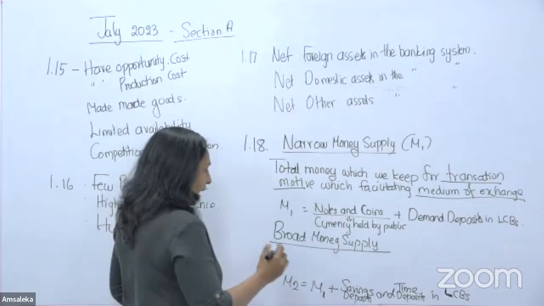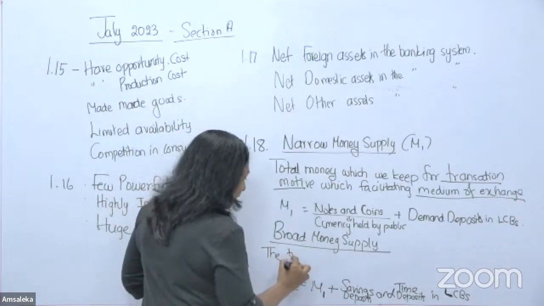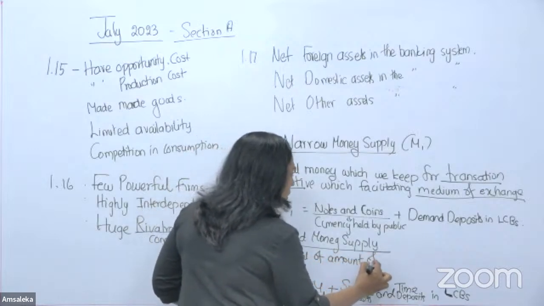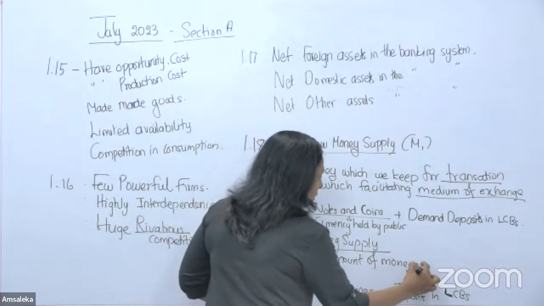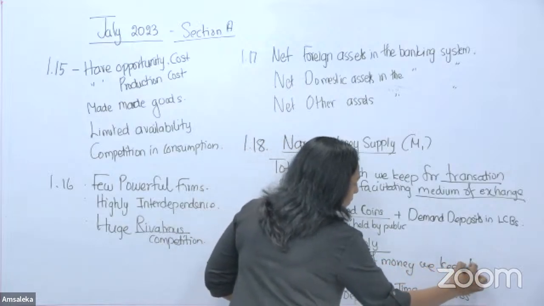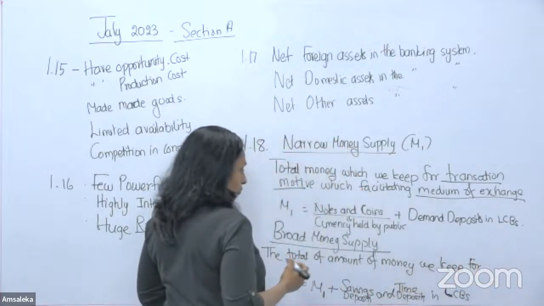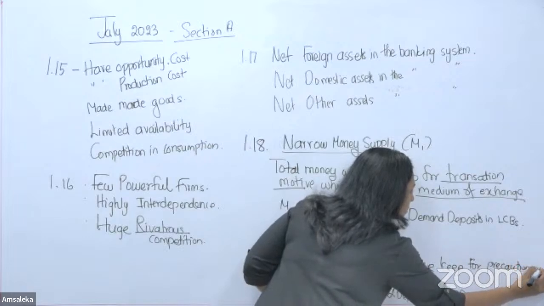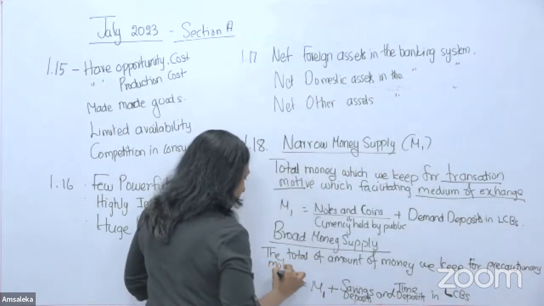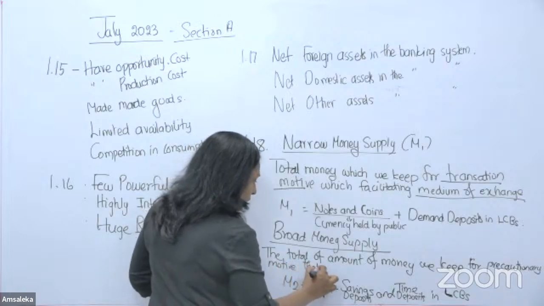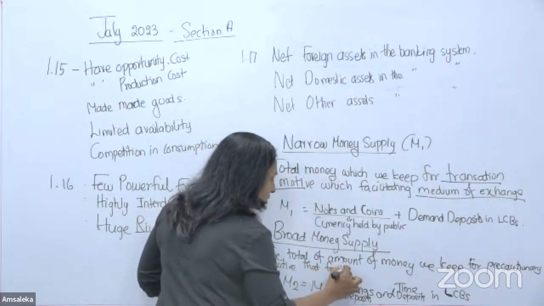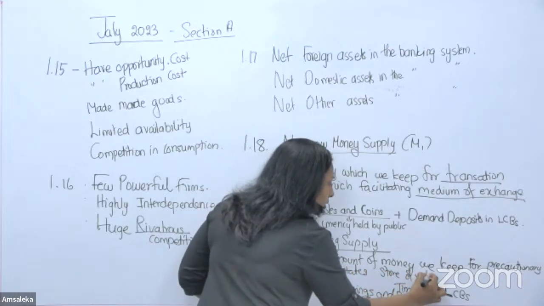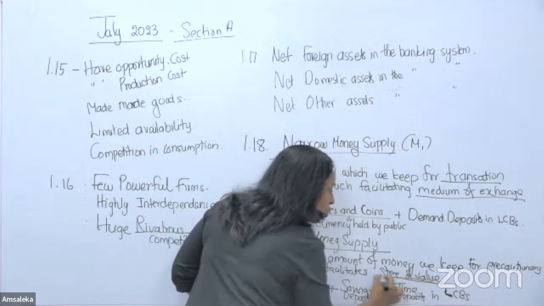So here you can say the total amount of money we keep for precautionary motive facilitates store of value.